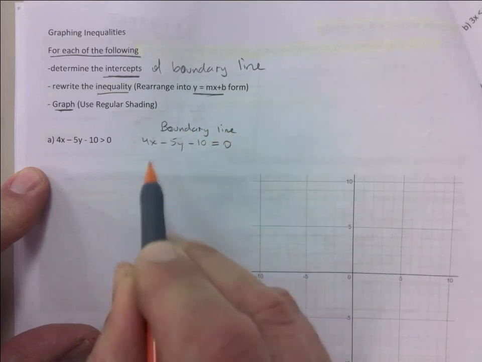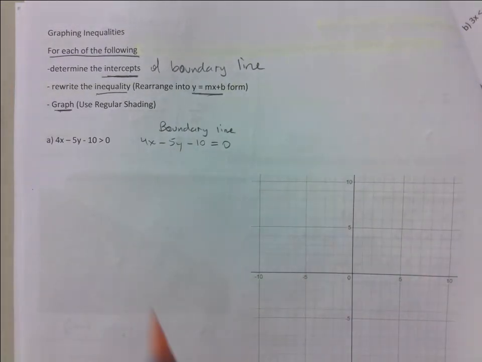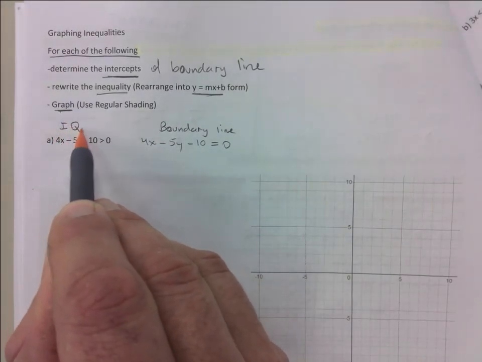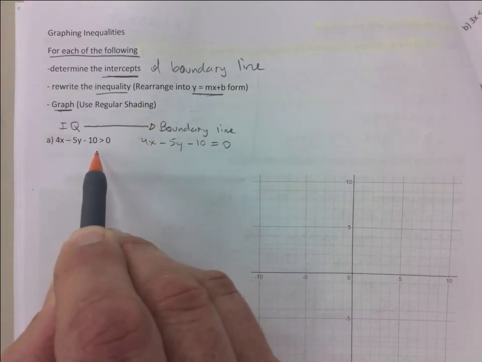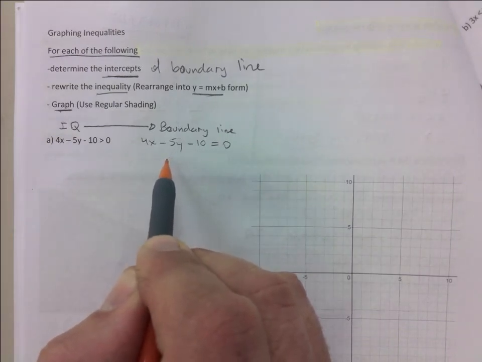I will not rewrite it every time like this, but just so you understand, this is the inequality, and the boundary line that goes with this inequality, we need the boundary line to know where we are going to cut our graph. Which way is it going to cut, okay?